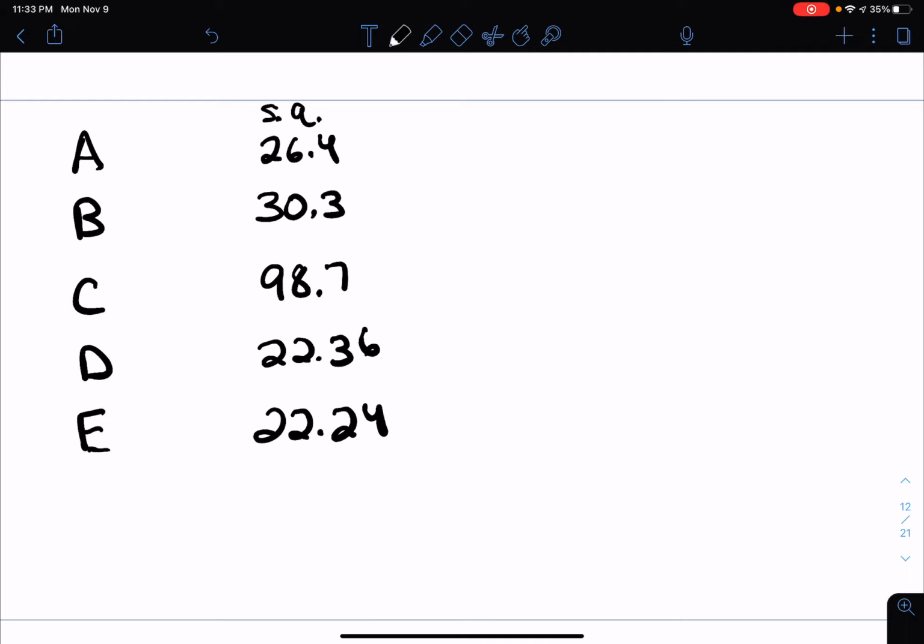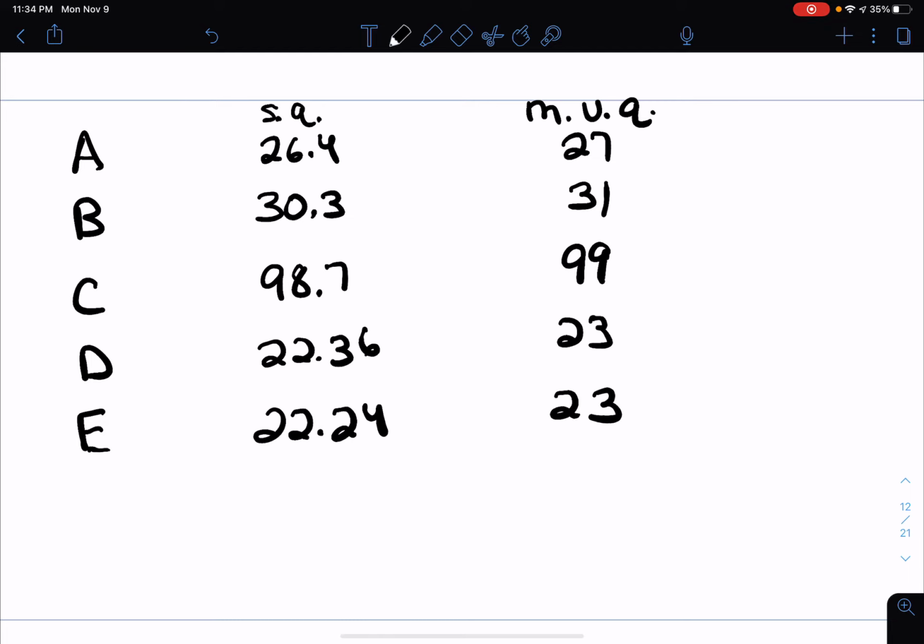So, according to this method, we're doing the whole modified upper quotas. So we'd have 27, 31, 99, 23, 23.